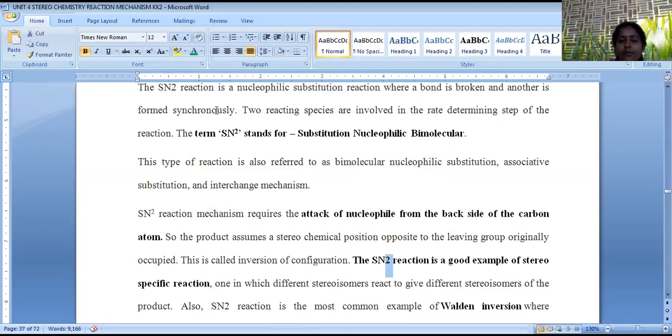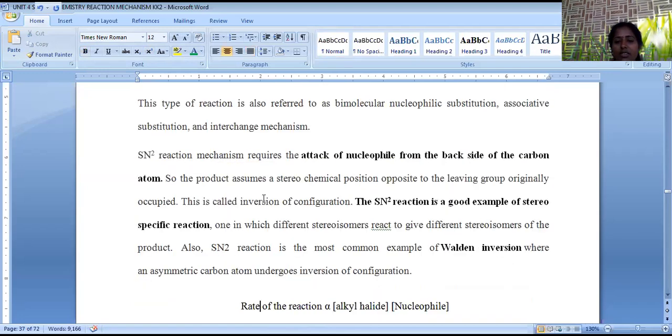The nucleophile can attack only from the back end, not from the front side. Hence the product has inverted configuration with respect to the starting material, which was observed by the scientist Walden. Hence the reaction is called Walden inversion.